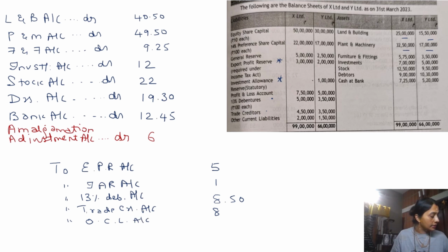X has other current liabilities of 2 lakhs and Y has 1 lakh 50,000. Total comes up to 3 lakh 50,000.